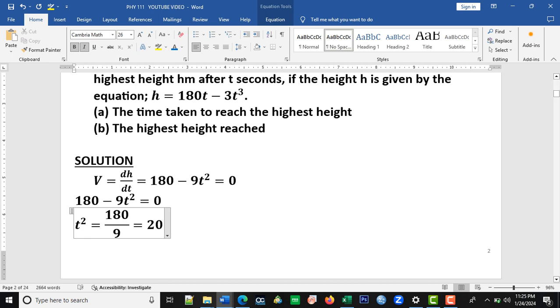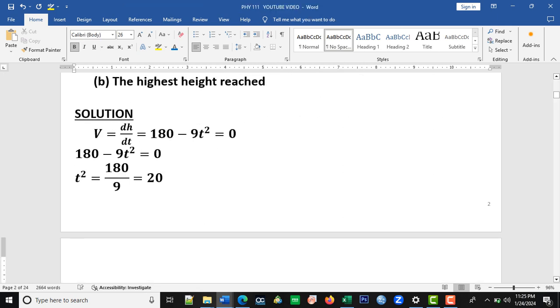So when we find the square root of 20 from t squared equals 20, we will have that t is equal to plus or minus 4.